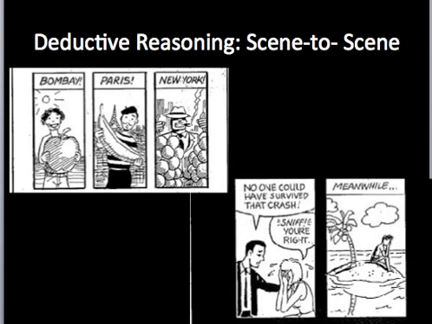So scene to scene is also in terms of place: Bombay, Paris, New York. And we get, no one could have survived that crash. Sniff, sniff. Then far away, there's the guy that survived the crash on the island. So it's taking deductive reasoning to put those various panels together, and have them make a story, or have them be relevant to one another.